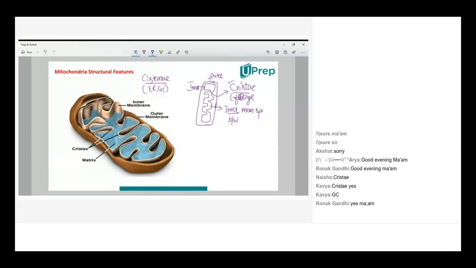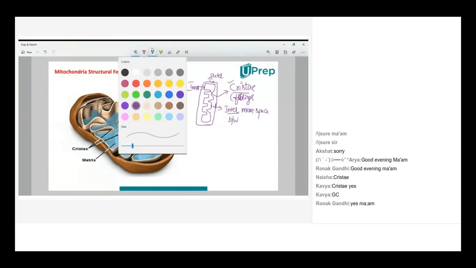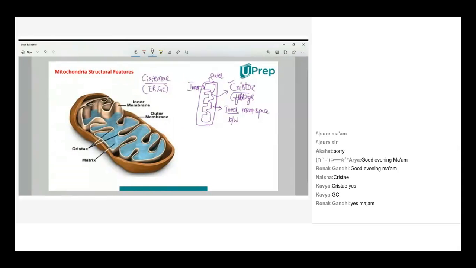Then we have a fluid inside the inner membrane along with the cristae. The whole shaded part, the fluid part, what is the term for it? We discussed this already in the last session.